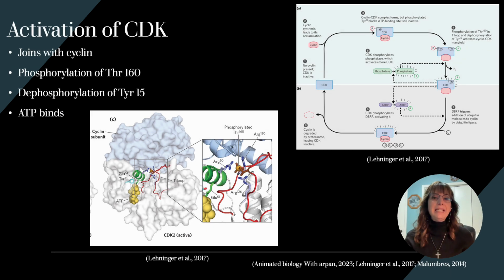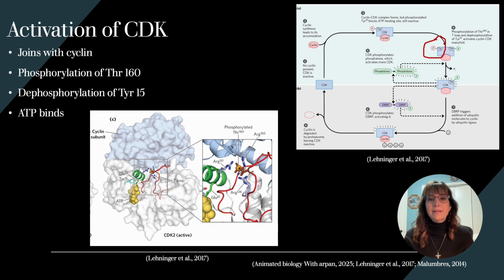Recall that the cyclin-dependent kinases act as a unit with cyclin. So once they attach together, that's the first step in the activation process, but they're not activated yet. There actually has to be a phosphorylation and a dephosphorylation in order to become activated. So what you see in this diagram, and I like this diagram because it's just a little bit more clear, there is a phosphorylated tyrosine 15.